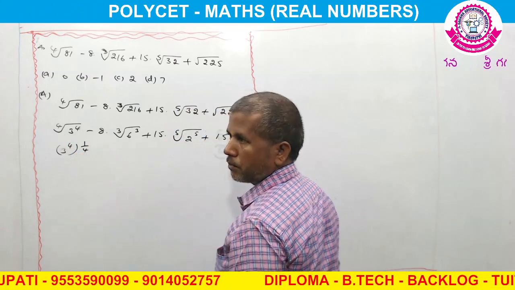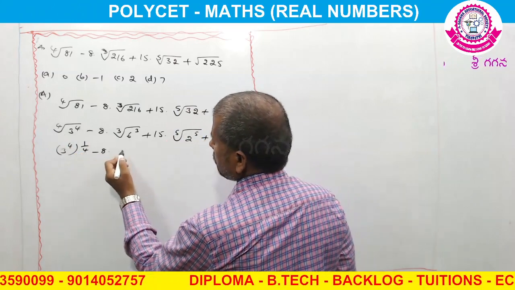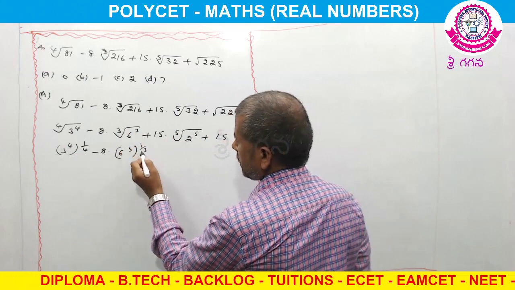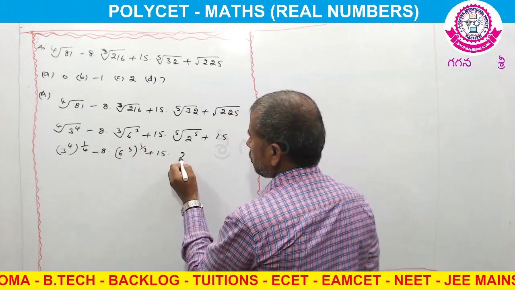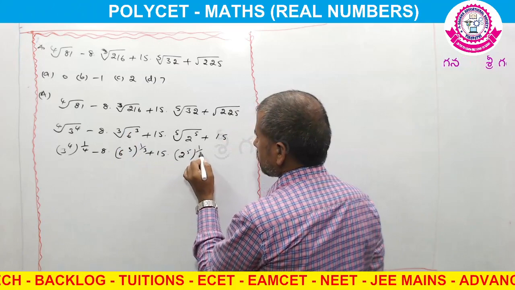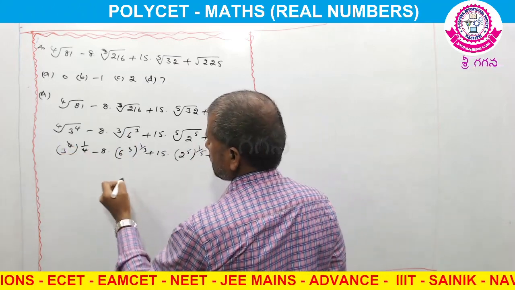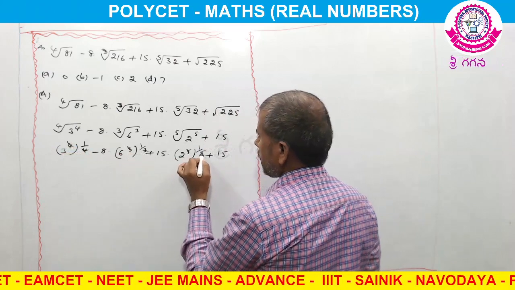Fourth root means 1 by 4, minus 8 into 6 cubed, whole power cube root means 1 by 3, plus 15 into 2 power 5, fifth root means 1 by 5, plus 15. Next, 4 4 cancel, 3 3 cancel, 5 5 cancel.